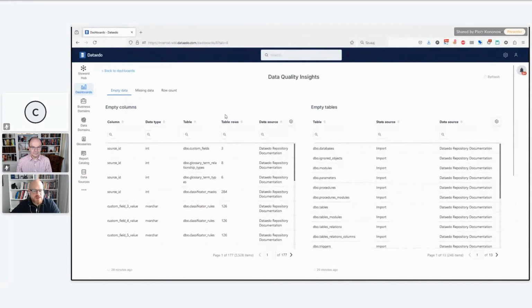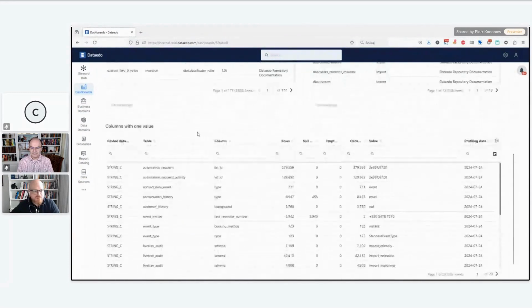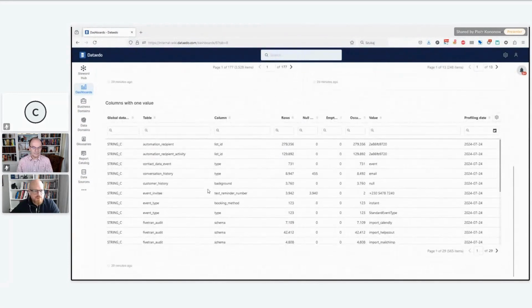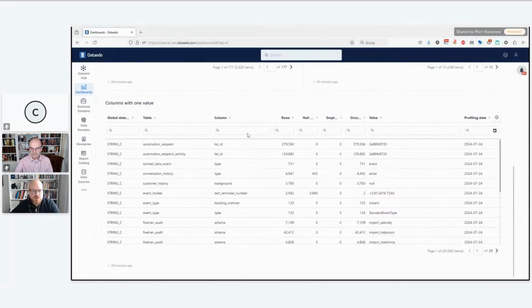So we have tables that have some rows, but the column itself is empty. Over here you can see that there are some rows, but the source ID is empty. Empty tables, so 0 rows. Columns that have just one value, and you can see what the value is over here.